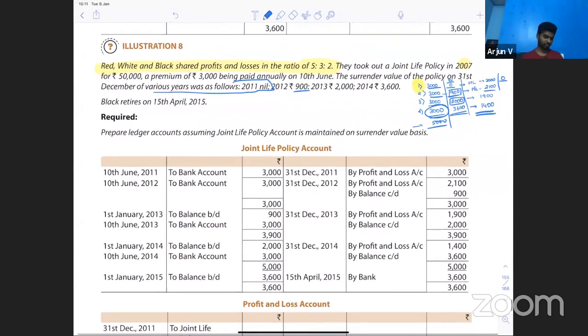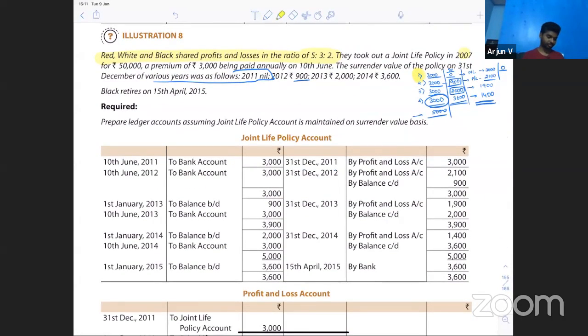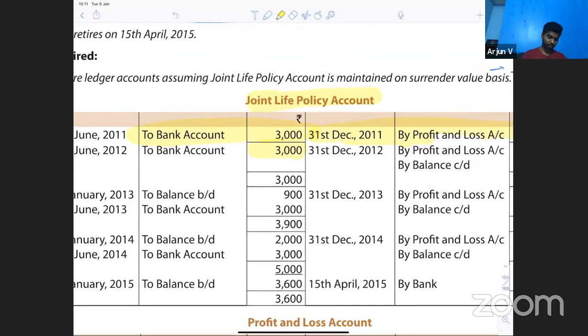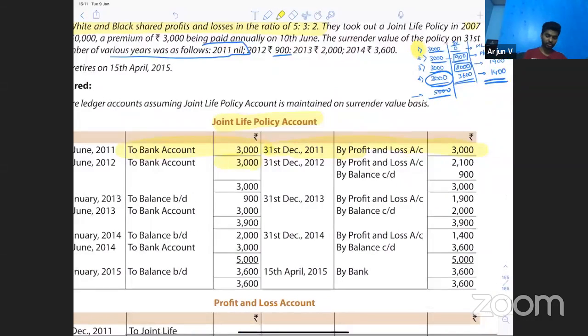Now guys, see the ledger account. First year, JLP to bank 3,000. The entire amount gets transferred to P&L account. Second year, I'll pay again 3,000, but I'll be transferring only 2,100.